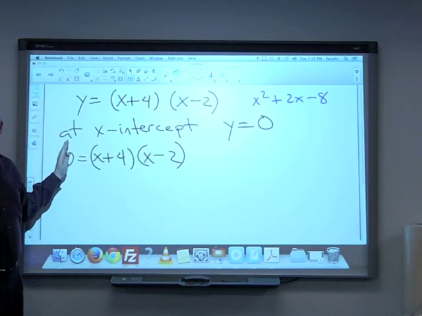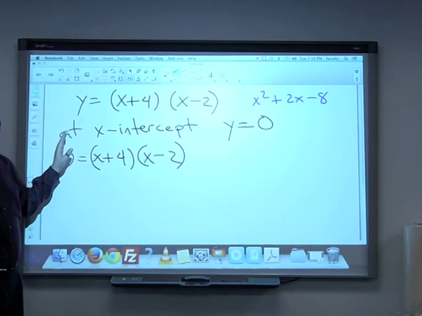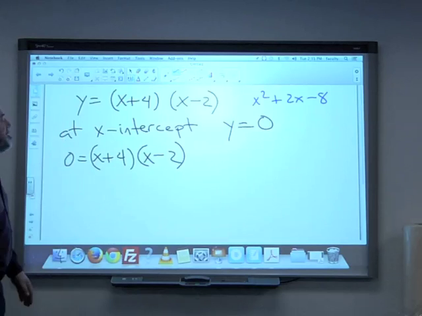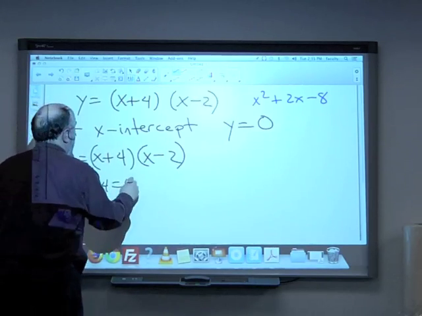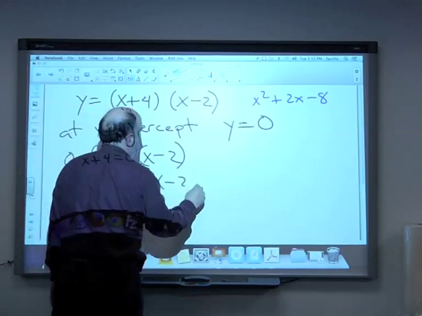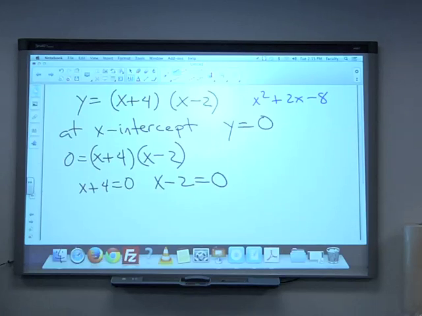How do you get 0 when you multiply? If one of the numbers is 0. Which means that either the x plus 4 has to equal 0 or the x minus 2 has to equal 0. And then I can solve each one for x.